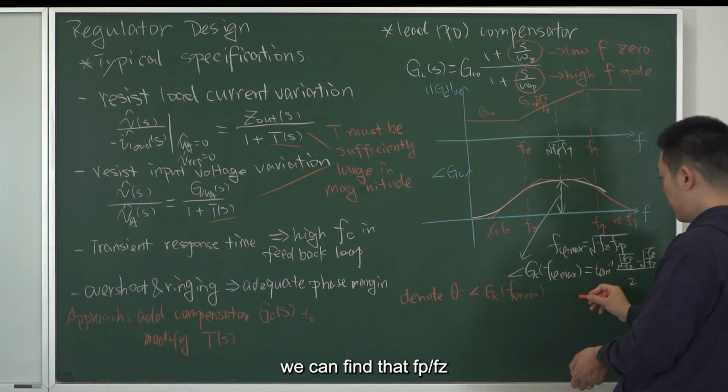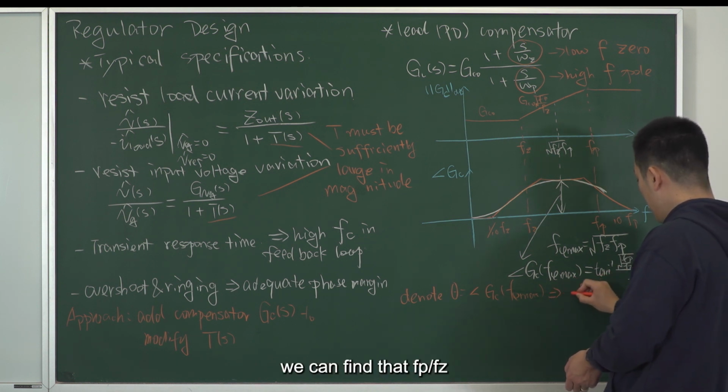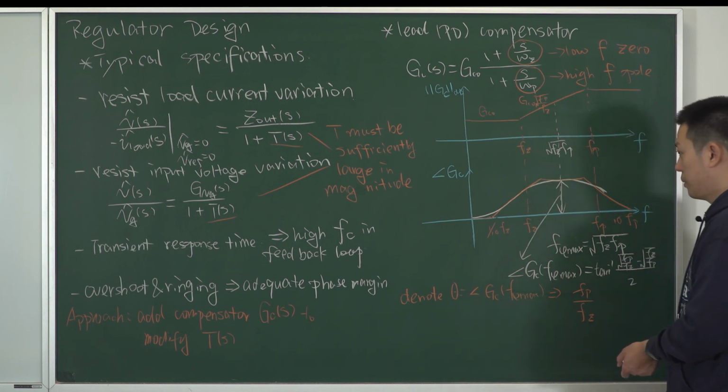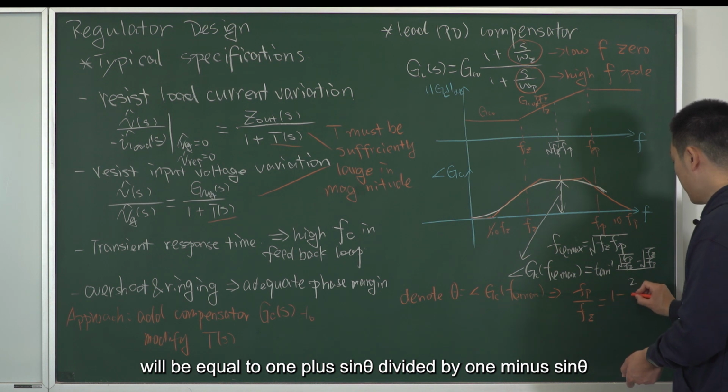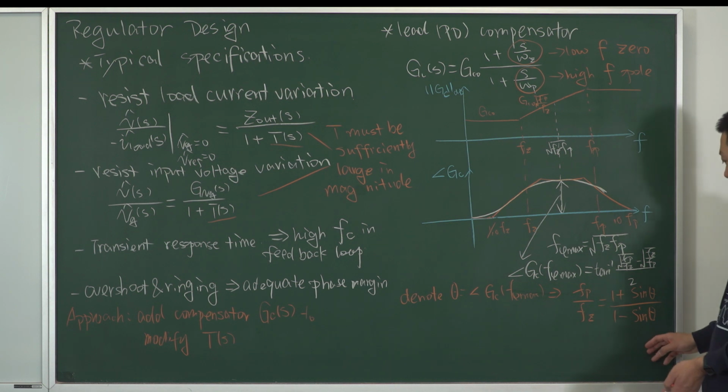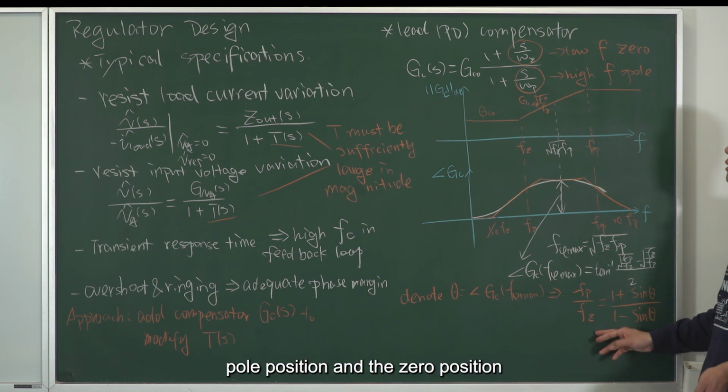We can find that Fp over Fz will be equal to 1 plus sine theta divided by 1 minus sine theta. So this tells us that theta really depends on the ratio between the pole position and the zero position.